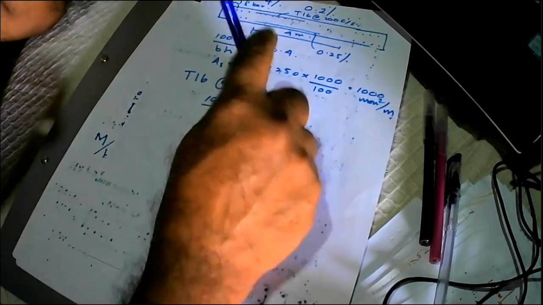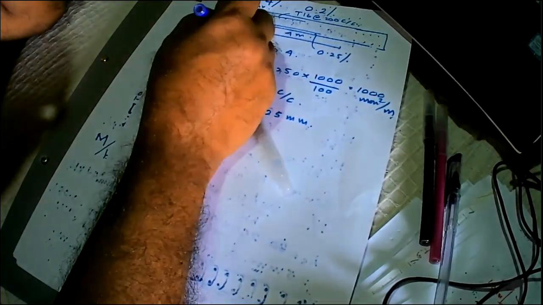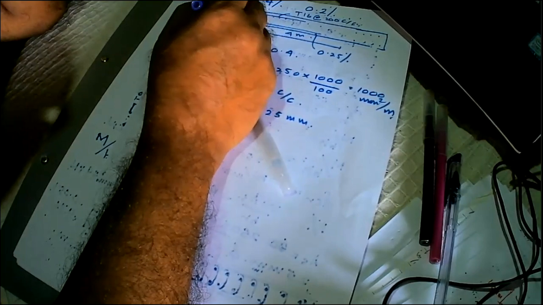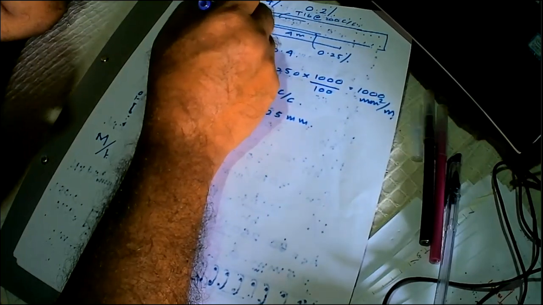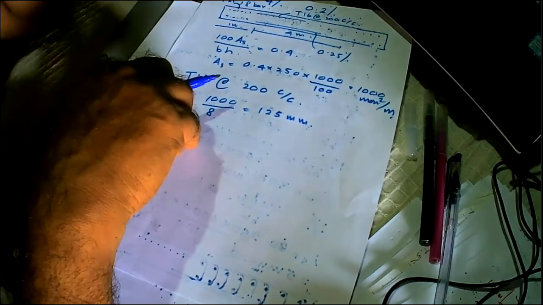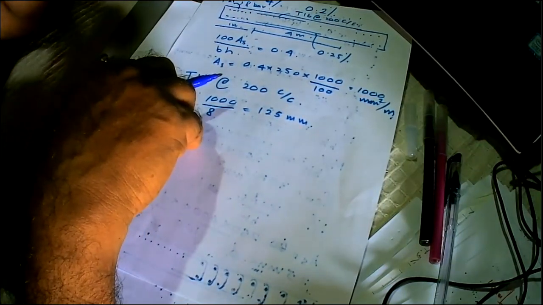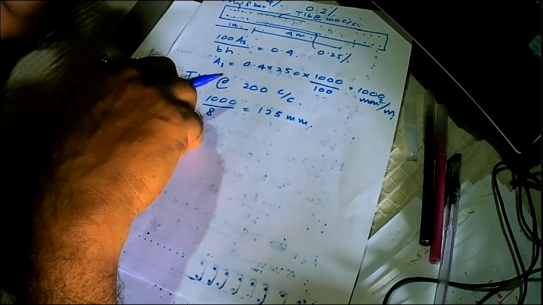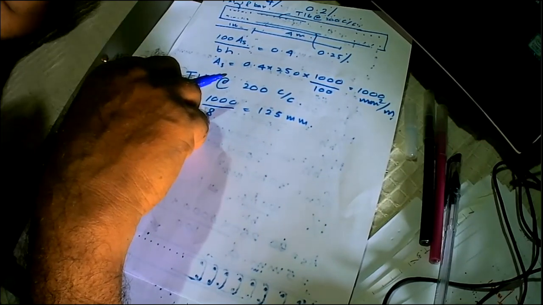Like a midpoint of the reinforcement? Yes, because all this reinforcement will have a centroid. So I have to consider this. I have considered the centroidal location of the reinforcement. Okay, sir. Understood, sir. Thank you, sir. Anything else?